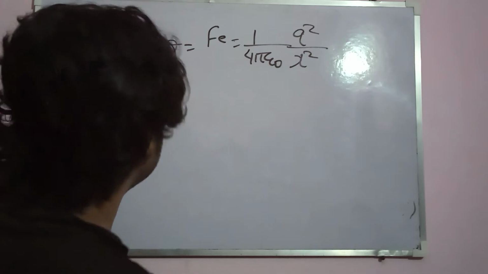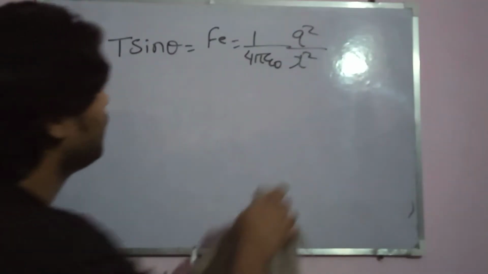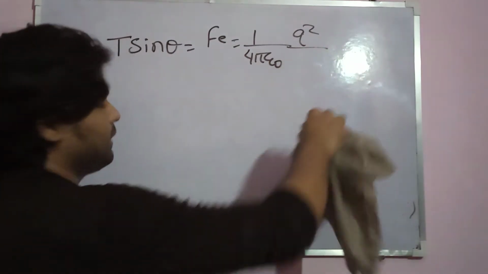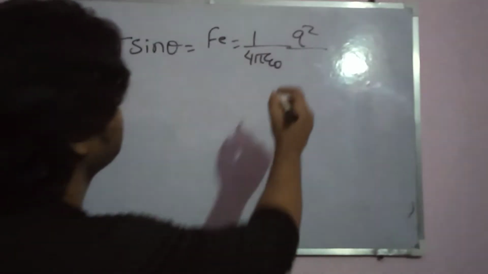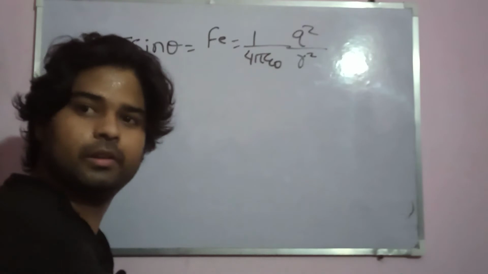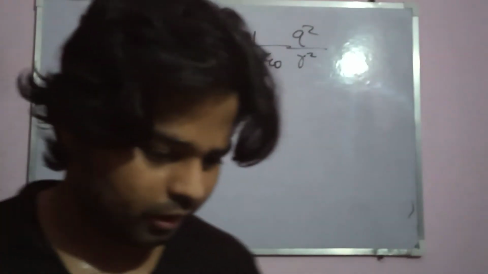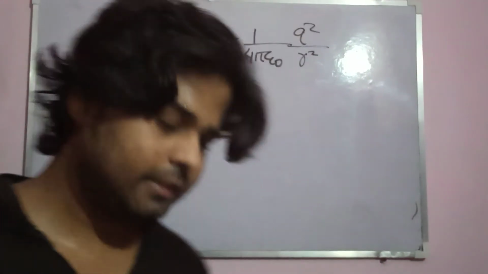Suppose I have taken the distance here; not x, I am still taking it in terms of r. So r squared. Understood? Yeah, it's visible. R squared.